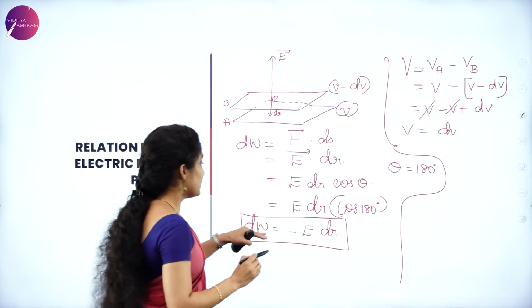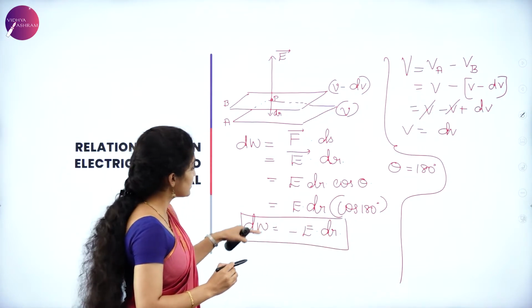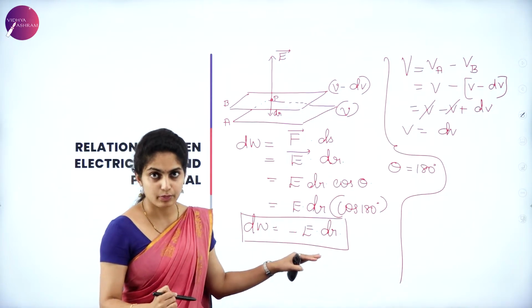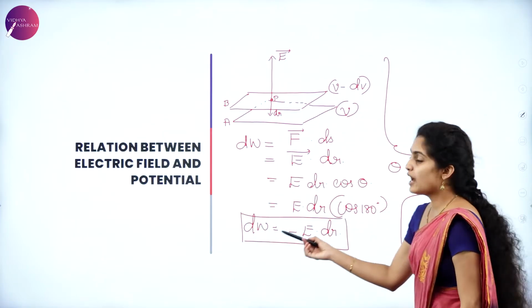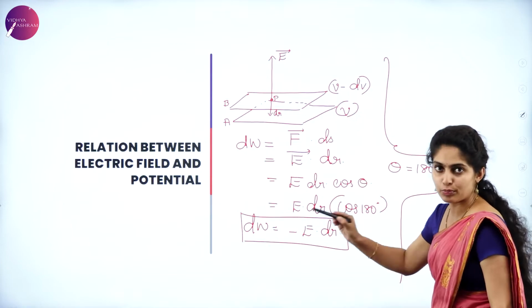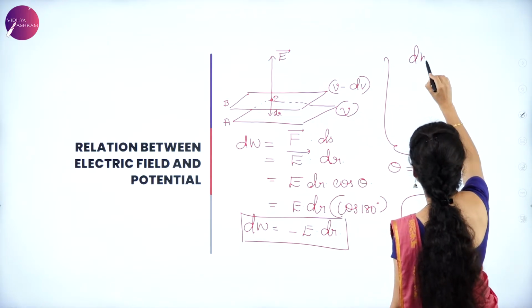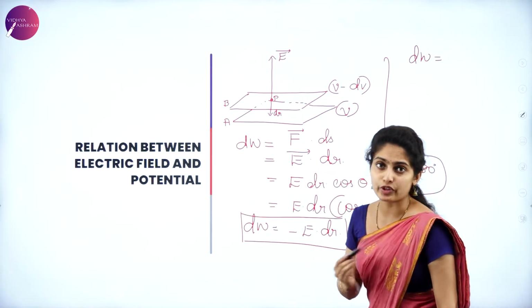Okay, so dW is equal to minus E into dr. This is the work done in getting unit positive charge from one point to the other point, and we have the potential as dV. When the work is done, there are certain potentials on the equipotential surface.